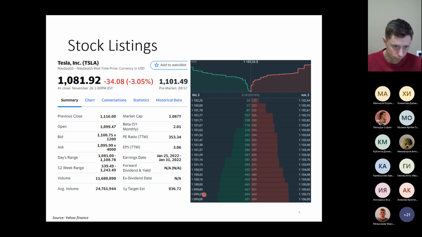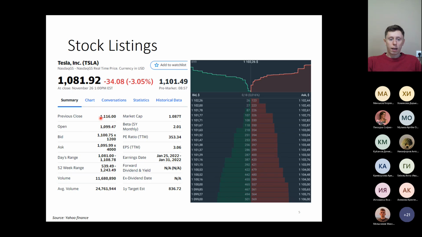So here we have, let's go further by the line. There is the close price of the previous day, so the last price yesterday or in the previous trading days, because during the weekend the exchanges are closed. Open price is today's price of the first transaction.